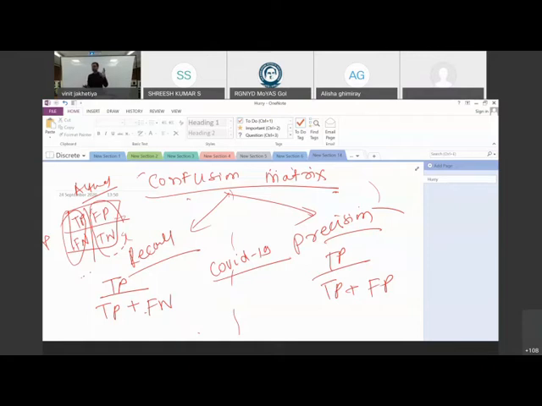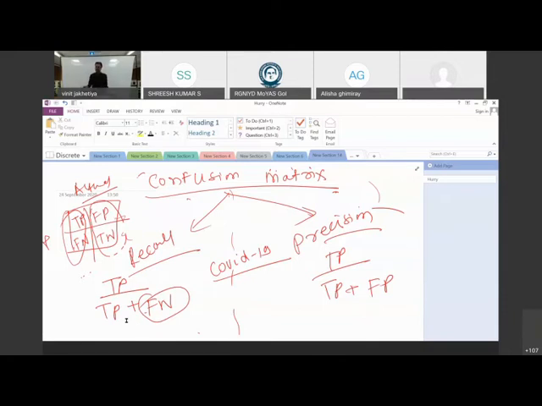You don't want any person to be declared negative when, unfortunately, he is the positive guy. You don't want this kind of scenario. So in this scenario, false negative should be as low as possible.